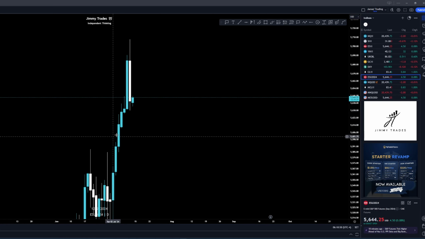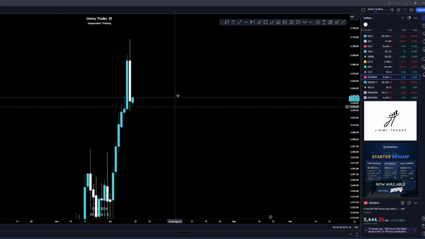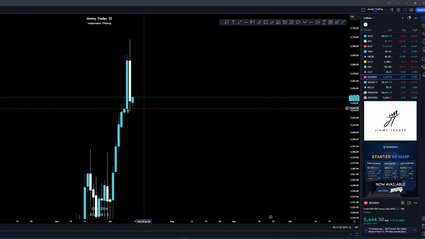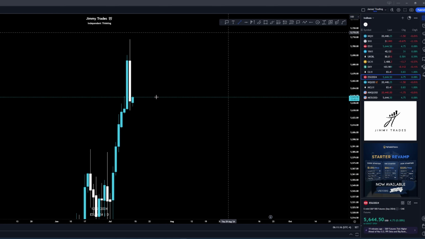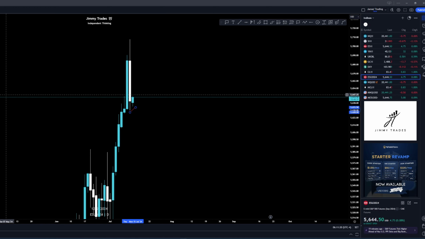ES does have internal, but it's not until this level down here, this Friday candle. We did wick below Wednesday's candle. We closed inside it. And we've also got this bullish SMT here. So we do have potential here for some upside.